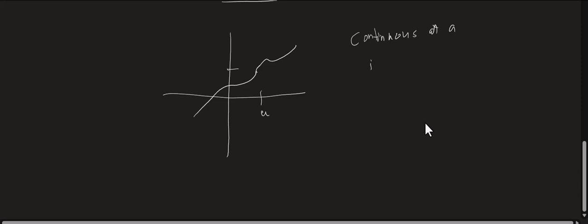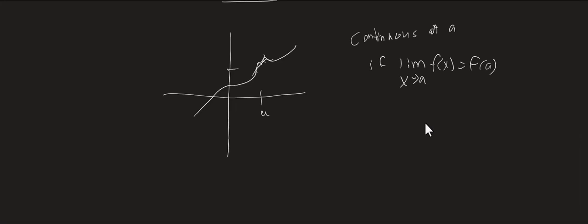Here's a. If the limit as x approaches a of f of x equals f of a. So as long as the limit exists, and that is what the function actually equals at that point, then it is continuous.